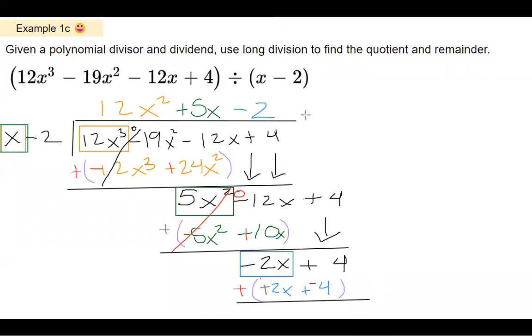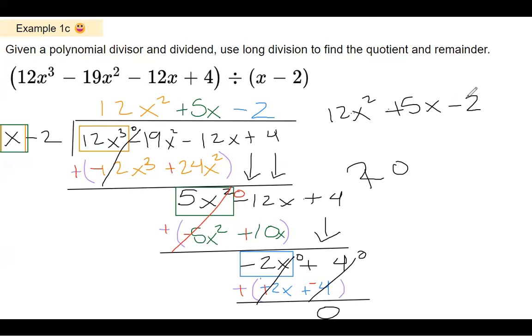Our last part, negative 2x plus 2x, is 0. And 4 plus negative 4 is also 0. So what's our remainder? 0. So what is our quotient? 12x to the power of 2 plus 5x minus 2. Any questions on this? Not too bad, huh?